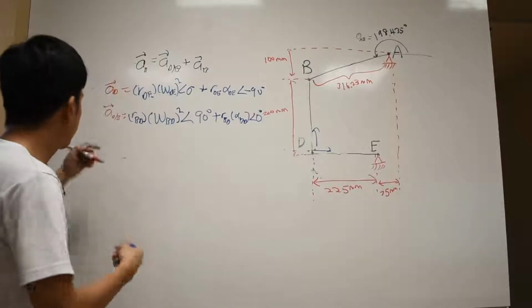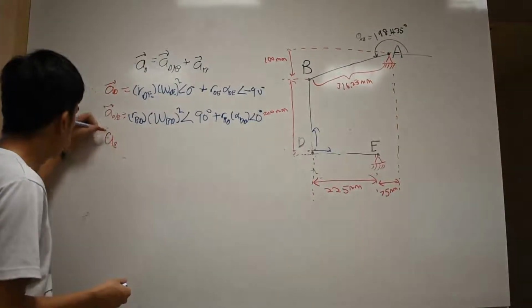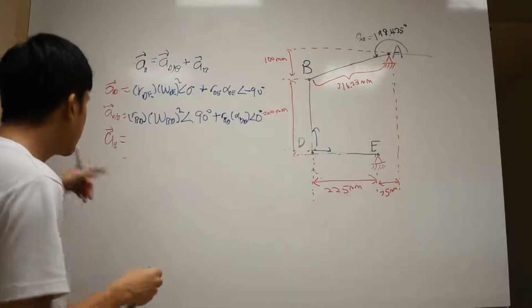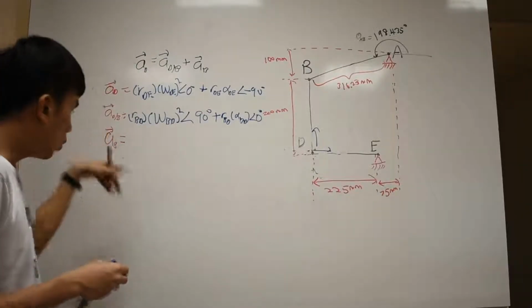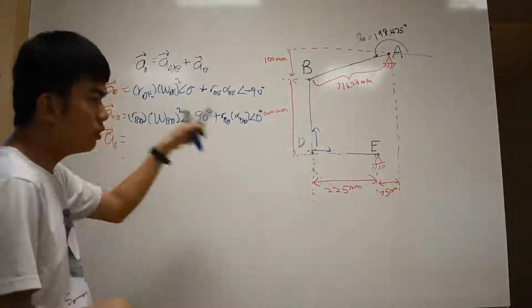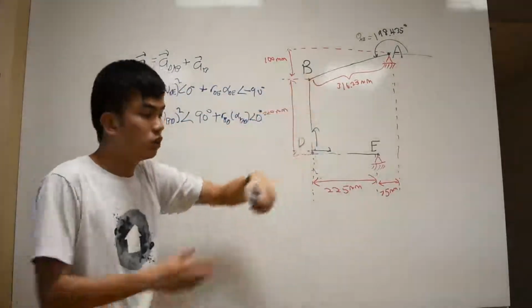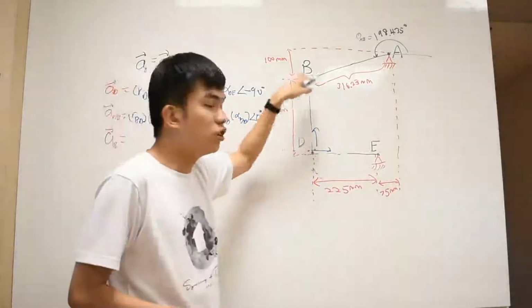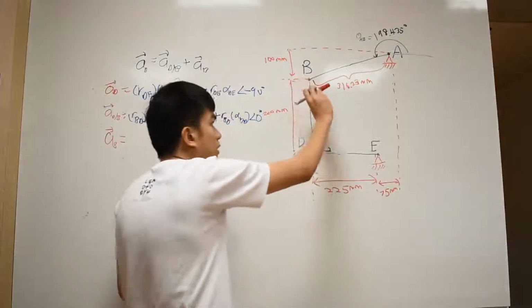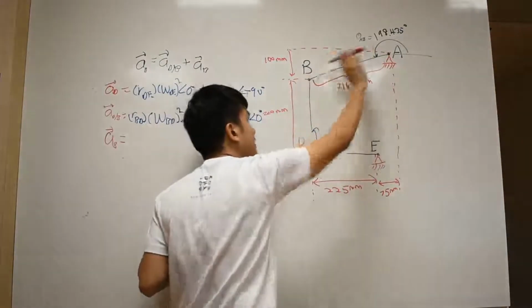So how do we find acceleration of B? Acceleration of B is actually much more simple in this case, because B has no angular acceleration. So basically, it only has a centripetal component, because B is rotating about A, right? So acceleration of B is in this direction, centripetal acceleration.